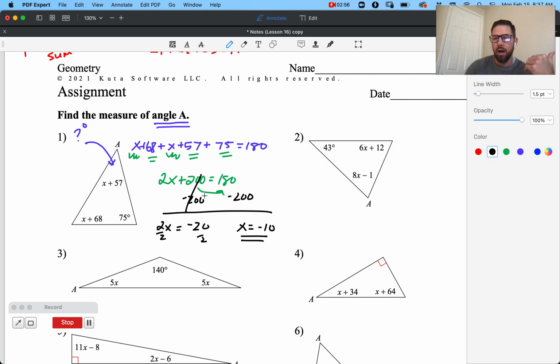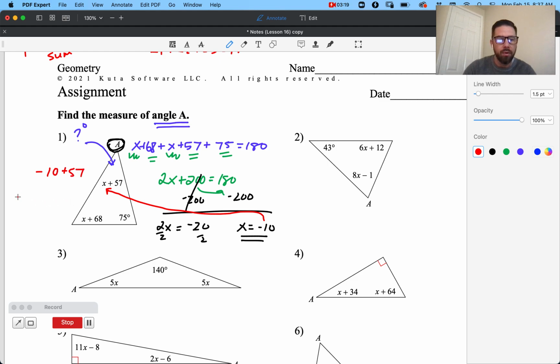For our last lesson, that would be the answer, because they asked for x. But here they're asking us to find the measure of angle A. So we have one extra step. We take this negative 10 and substitute it in for the x in angle A. So we just have negative 10 plus 57.